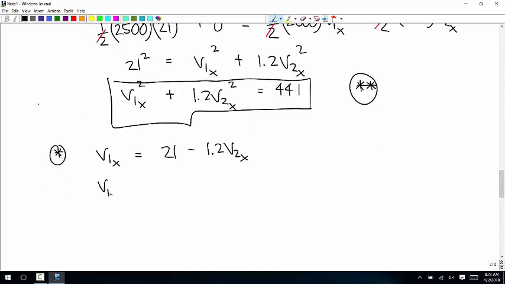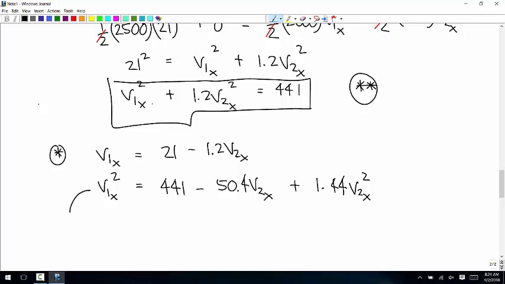And so v1x squared, I'm just doing this so I can plug it in for v1x squared in equation 2 star, is equal to 441 minus, what's 2.4 times 21? 50.4 v2x plus 1.44 v2x squared.